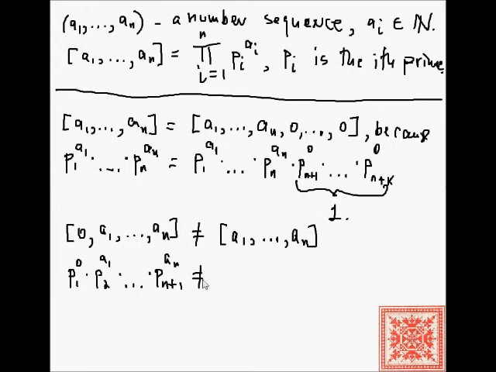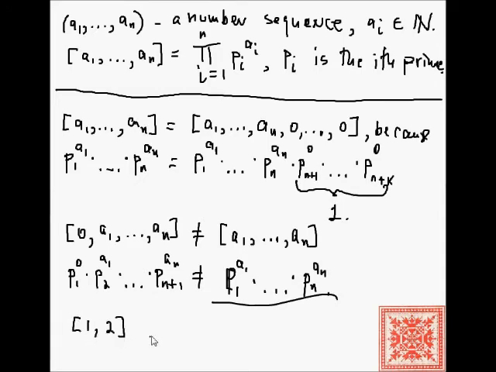Right, so this is the left number, and that's not going to be equal to p sub 1 raised to the power of a sub 1 times p sub n raised to the power of a sub n.